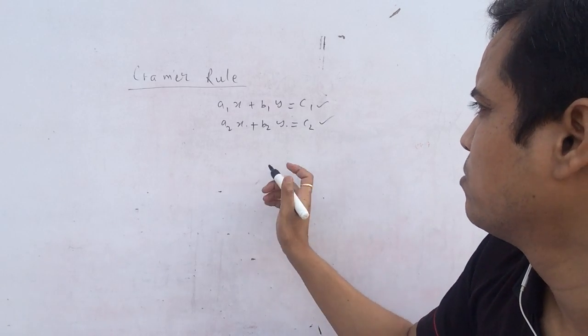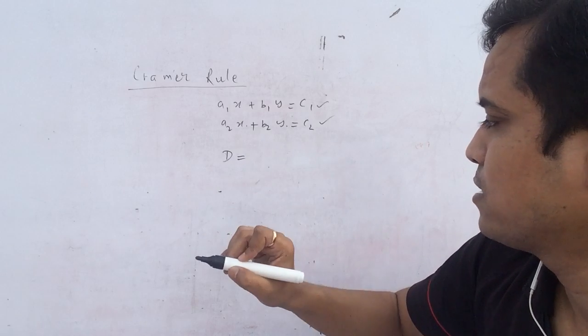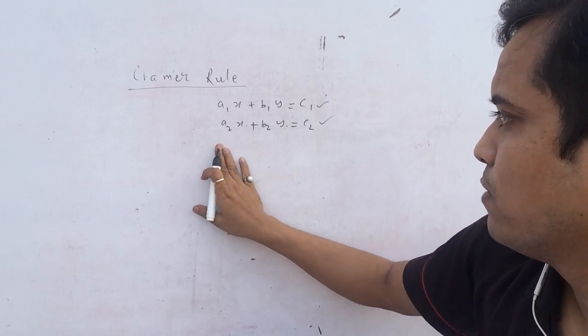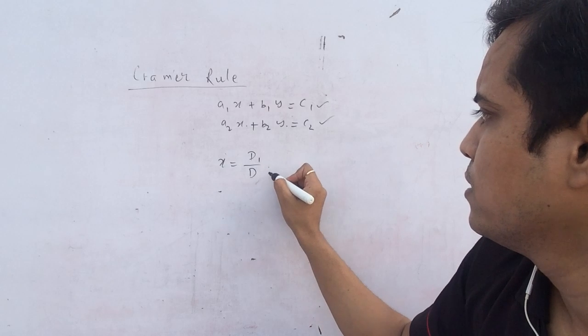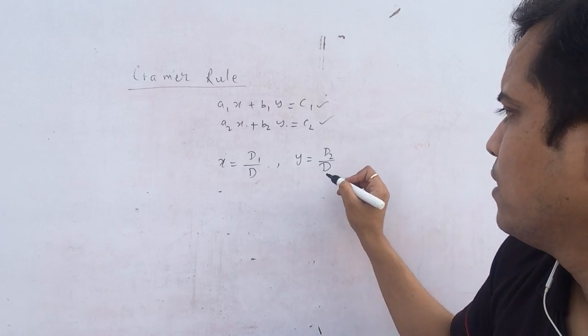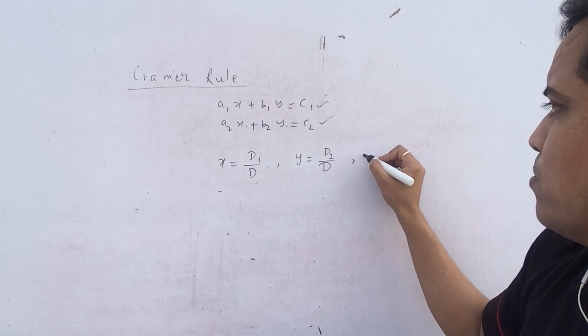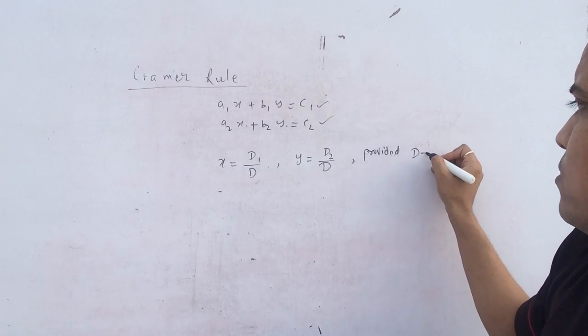So when you find the solution, x would be d1 upon d and y would be d2 upon d, provided d should not be equal to 0.